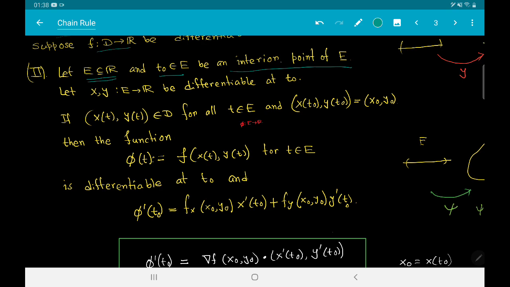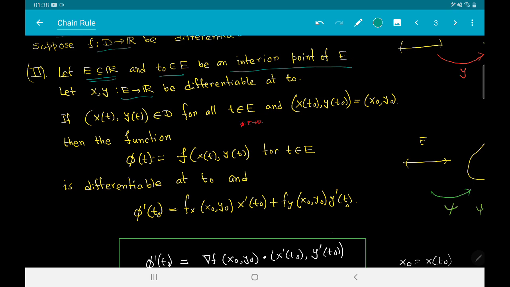Let x and y be two differentiable functions, two real valued functions on E which are differentiable at t0. Since E is a subset of R, x and y are just single variable functions in one variable, let's say t.